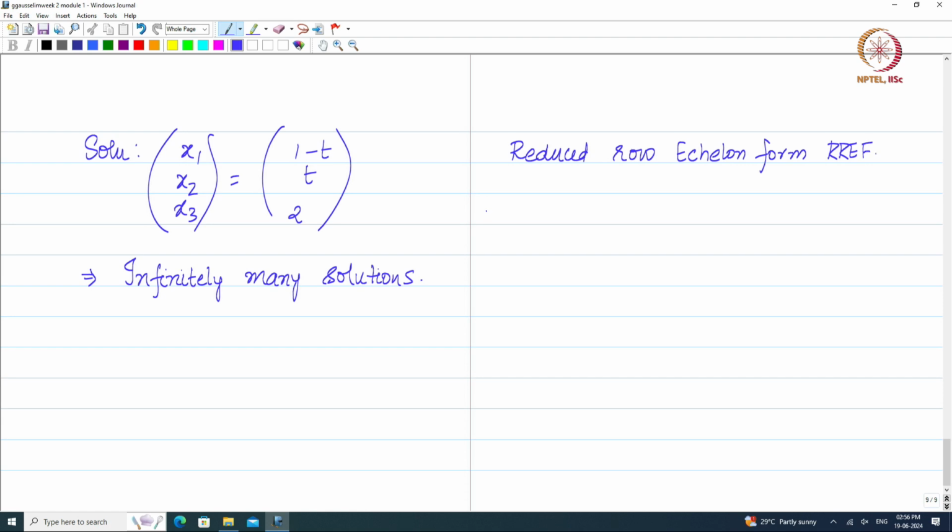A matrix A is said to be in its reduced row echelon form if it has the following properties. First property, if a row does not consist entirely of zeros, then the first non-zero number in the row must be 1.